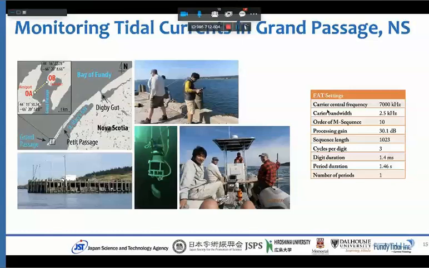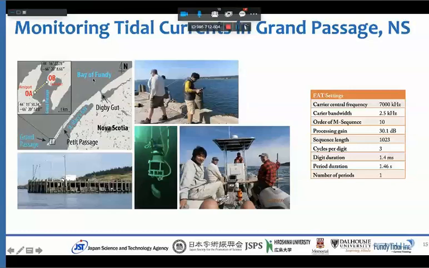So you cannot just remove it after, say, a month or two, just because the currents are not as strong, or you have a sedimentation problem, or the topography is changing. So you need a measurement that is cost effective and can be done for long periods of time. So FAT type technology is probably the best answer.